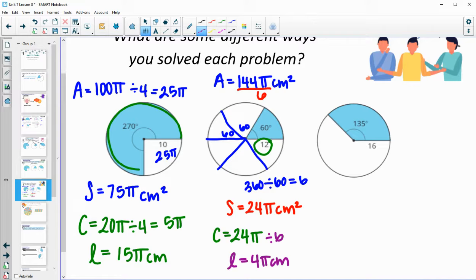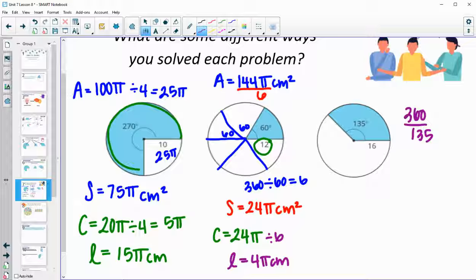So then this next one might not have been so easy to do as far as thinking of the fraction of the circle. This one, it was kind of easy to tell it's 3/4. This one wasn't so bad to figure out it would fit in there 6 times. But how many times is 135 going to fit in here? Okay, so 360 divided by 135 isn't a nice number.